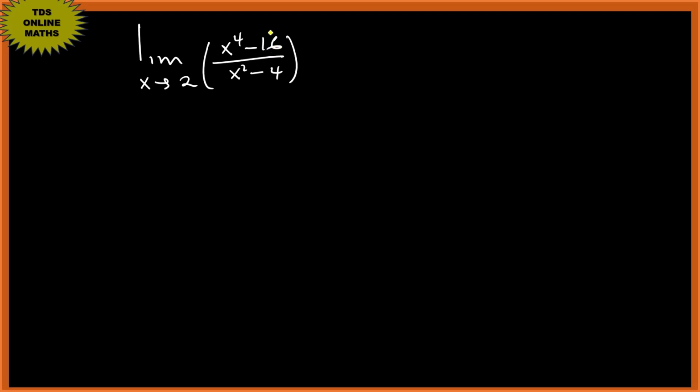Okay, so let's change the numerator to difference of 2 squares. So we can write x to the power 4 as x squared squared, because going back 2 times 2 is 4.